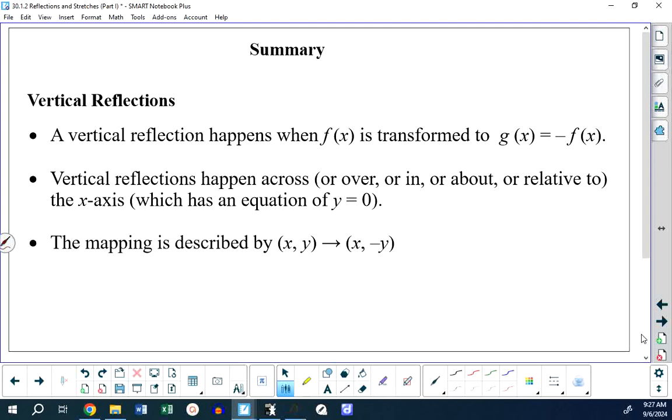There's different ways we can describe it. The mapping is this, because vertically means y changes, and the invariant points are any x-intercepts, because x-intercepts are where y is 0. And again, that requires some thought. For me anyway, there might be the odd person that has automatically memorized all this, but I'd be leery about relying on your memory.